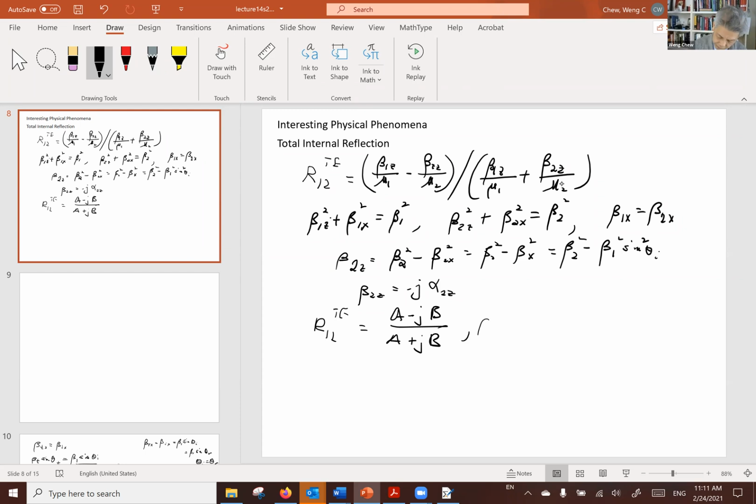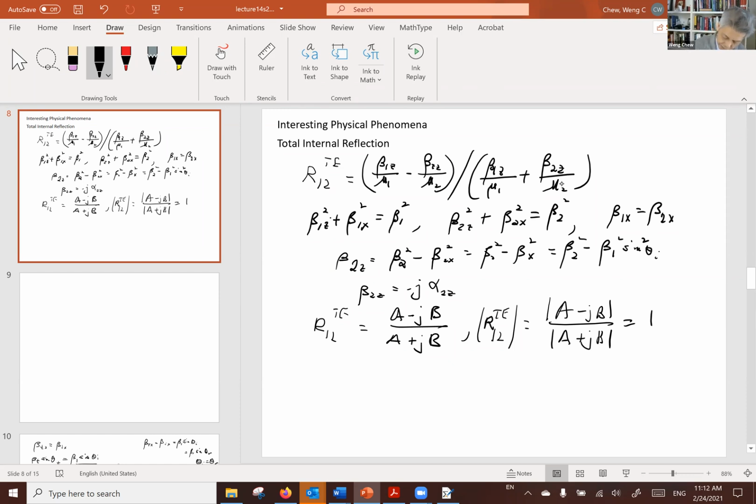And if you were to take its magnitude, it will be the magnitude of the numerator over the magnitude of the denominator. And these are complex conjugates of each other, so they have the same magnitude. And they will always have the magnitude of 1.